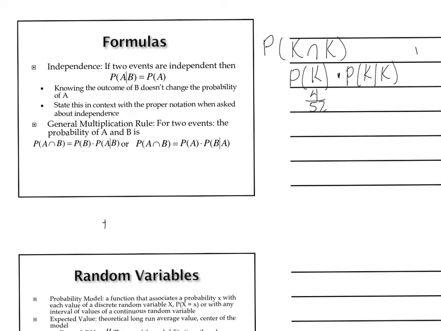So I no longer have 4 kings in my deck, and I no longer have 52 cards in my deck. I have 3 kings and 51 cards because one of them was taken out and not put back. And so that's how those probabilities change.